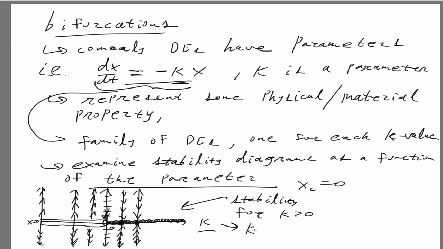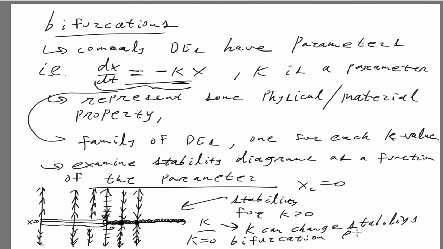So k can change stability, and k equals 0 is what they call the bifurcation point. That's the point where stability changes. So k equals 0 is the bifurcation point. Okay, in later videos I'll explain more and give more examples of bifurcations, but now you have a nice definition. Okay, thank you very much.